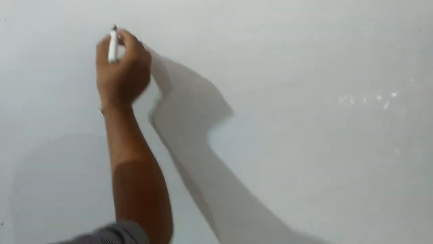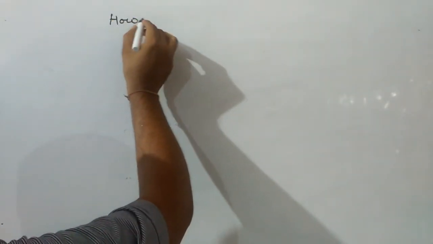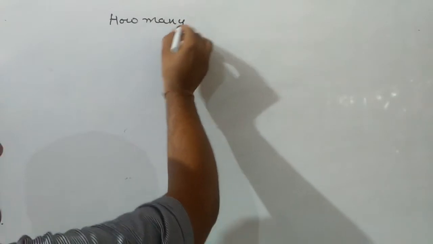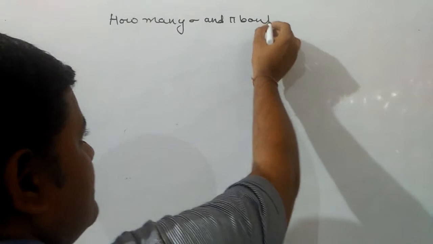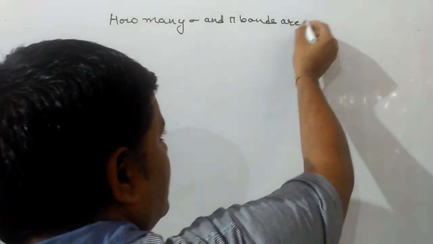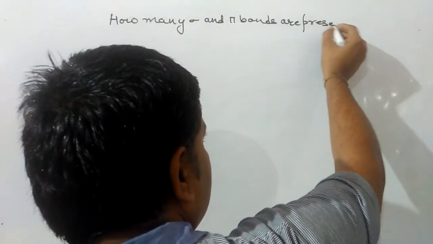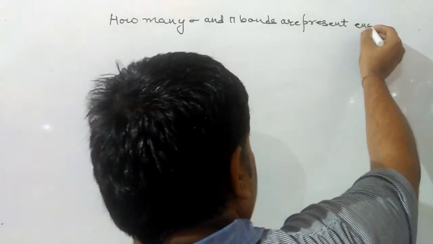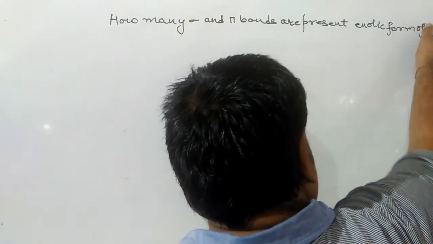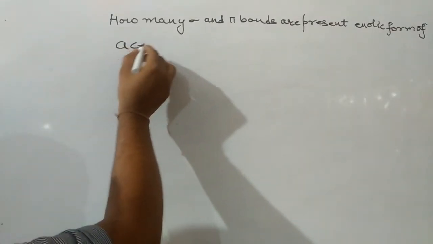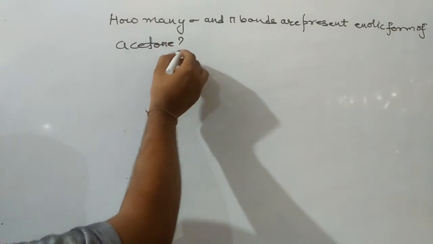Now we have to apply these formulas for a few molecules whose number of sigma and pi bonds may be asked in your exam. The first case: how many sigma and pi bonds are present in the enolic form of acetone?